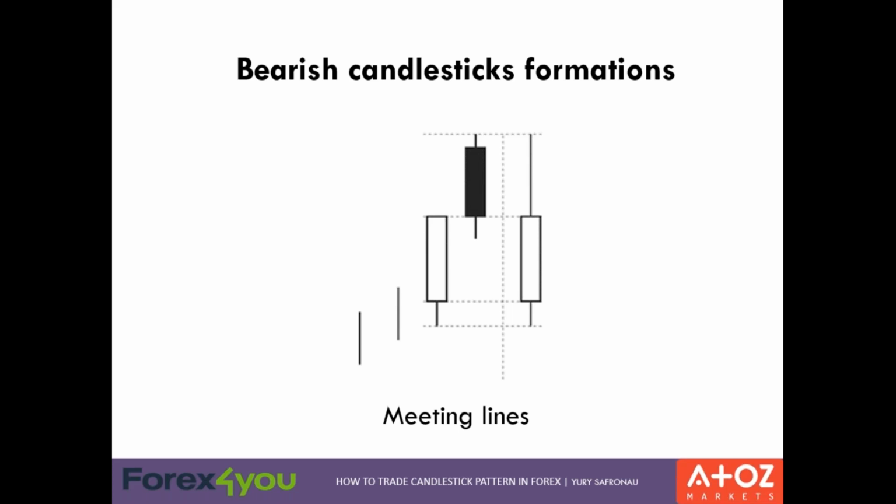Then the bears start a counterattack, pushing prices down and leading to a close equal to or very close to the previous close. The upward trend is now breached. Also, if you combine those candles, you kind of receive a bearish candle in here, though you see that the opening price is lower than the closing price, which is typical for the bullish candlestick formations.